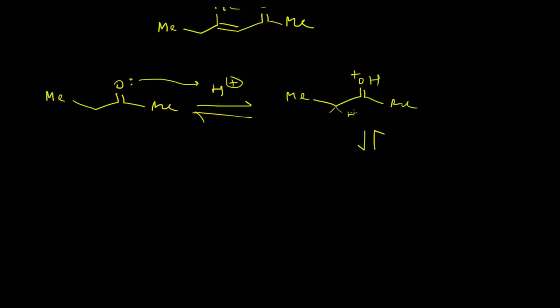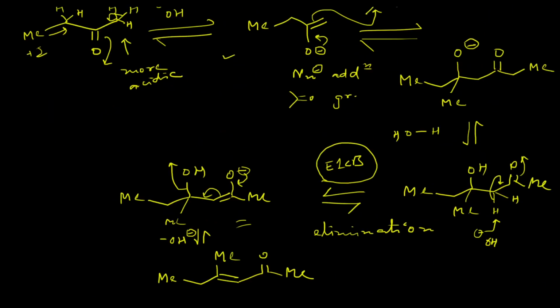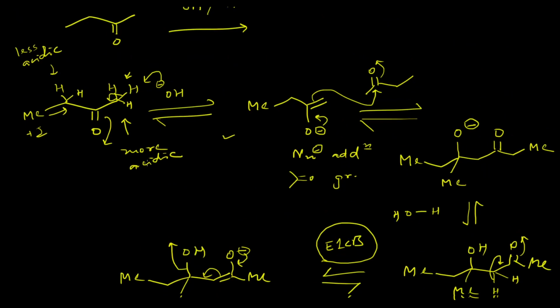Here there is also a choice of which proton will undergo enolization. Either these two protons, or these three hydrogens from this methyl group. Here the enolization step is thermodynamically controlled. In the base catalyzed aldol reaction, the first step, that is the enolate ion formation step, is kinetically controlled.